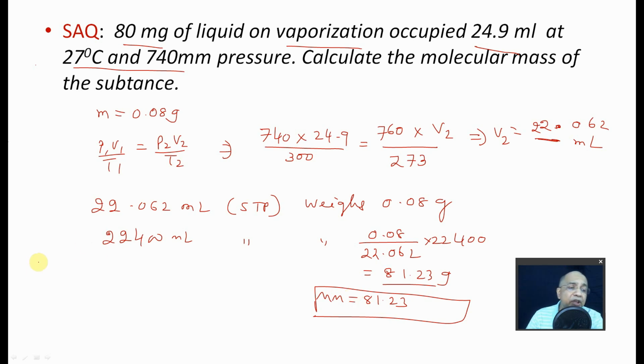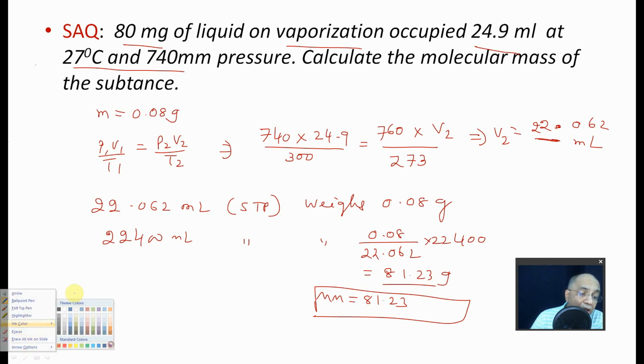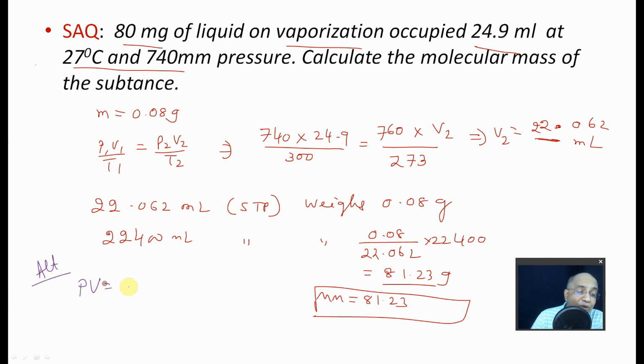This problem you could have done in an alternative manner, if you would have used the PV equal to nRT method. How? Pressure is 740 millimeter, make it atmosphere, 740 by 760.